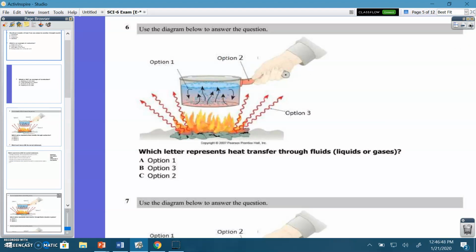All right, number 6, use the diagram below to answer the question. Again, option 1, option 2, and option 3. Which letter represents heat transfer through fluids, liquids, or gases? A, option 1, B, option 3, or C, option 2.